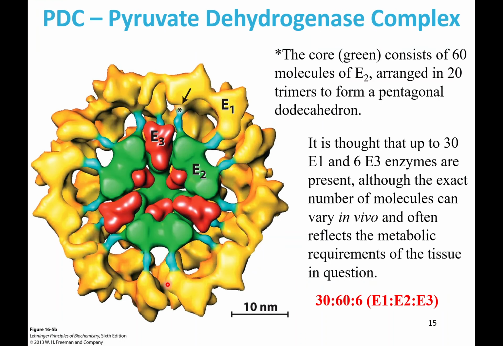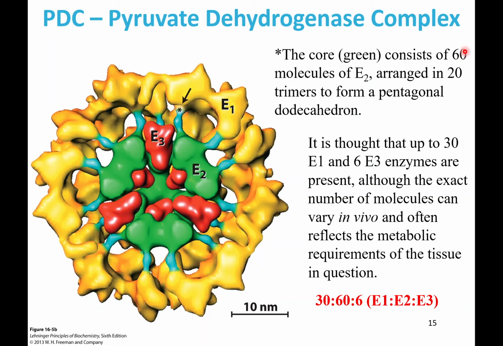And a picture of this, utilizing that data, if you do a molecular space filling, would look something like this. The green core in here are the E2 subunits, and this whole complex consists of 60 separate molecules of E2. So there's 60 E2 enzymes forming this core complex.